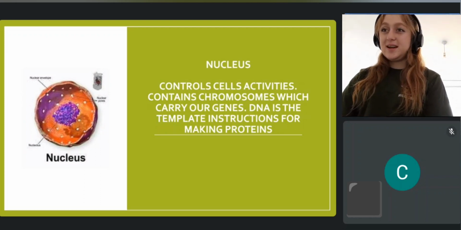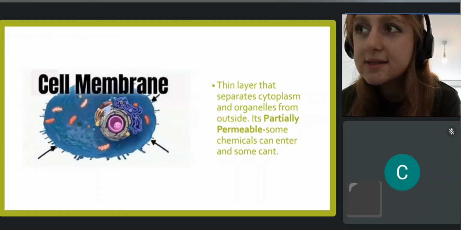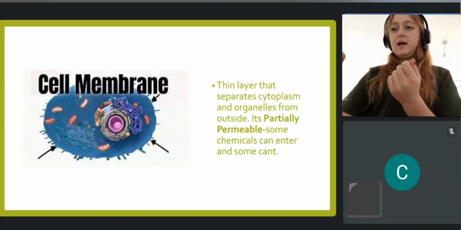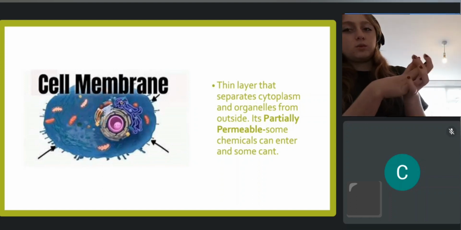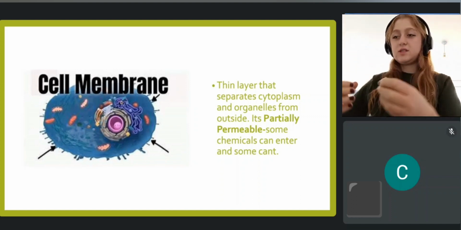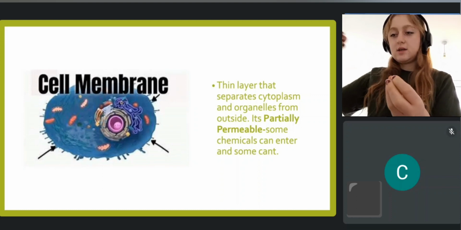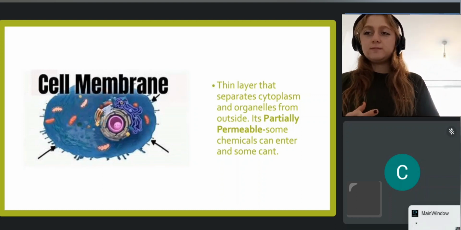Now, the next organelle we're going to learn about is our cell membrane. Our cell membrane is this layer that separates the cytoplasm from the outside, from the rest of the world. So if we have a blood vessel, the membrane separates the cells from the fluid around the cells, for example.